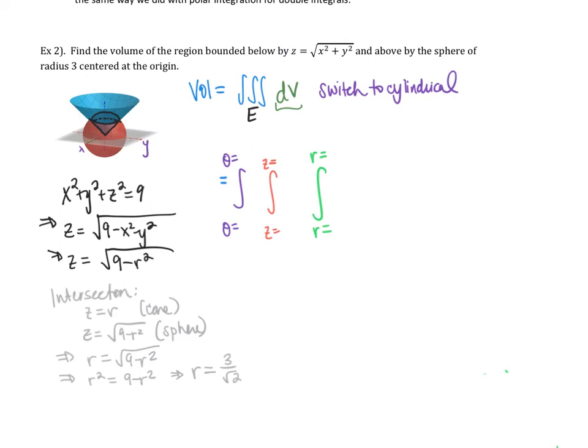Let's try it if we were going to do the ordering dr dz d theta. Again, I would only use that ordering if we ask you to switch it, because in general it's going to be most straightforward to just do dz first. But my integrand is still going to become my Jacobian, so I still have the r coming down here, and then it's just this new ordering.